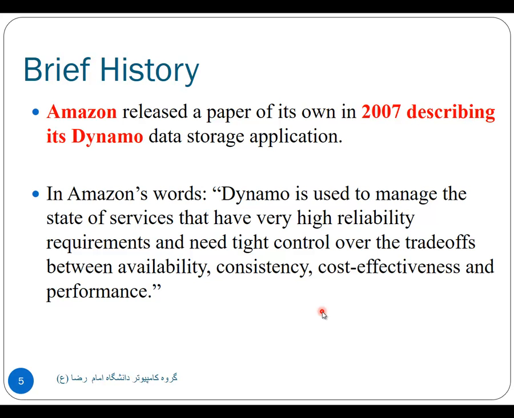After that, Amazon, another company, released a paper in 2007 describing Dynamo. Dynamo was a NoSQL database that was proposed by Amazon. In Amazon's words, Dynamo is used to manage the state of services that have very high reliability requirements and need tight control over the trade-offs between availability, consistency, cost effectiveness, and performance.